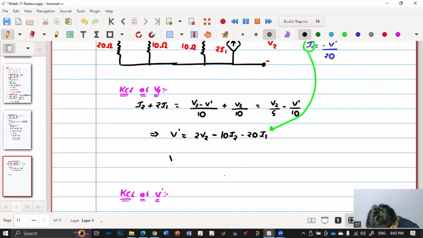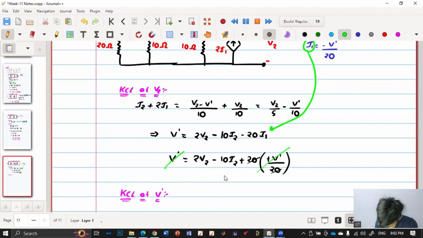So V dash is equal to 2V2 minus 10I2 minus 20 into I1, which is how much? Minus V dash by 20. So 20 gets cancelled, minus minus becomes plus, and this V dash and this V dash will get cancelled. So now here we will be getting 2V2 equals 10I2.